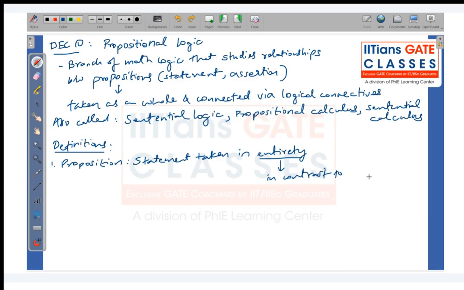In that, the individual terms matter. And this statement, it's either true or false.